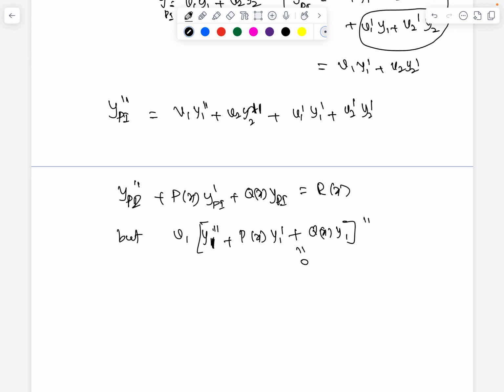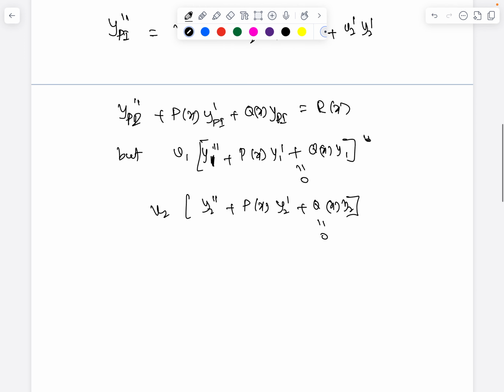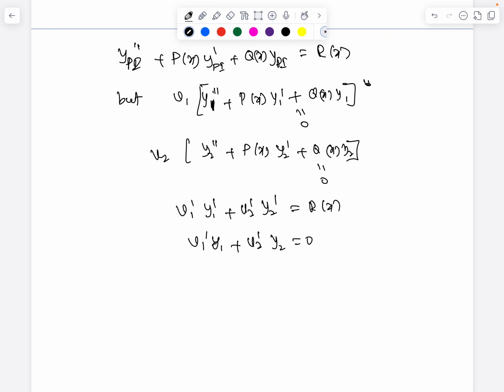Similarly, v2 times y2 double prime plus p of x into y2 prime plus q of x into y2 is also 0. Therefore, you are left with v1 prime y1 prime plus v2 prime y2 prime equal to the non-homogeneous term r of x, and v1 prime y1 plus v2 prime y2, which is 0 by our arbitrary choice.